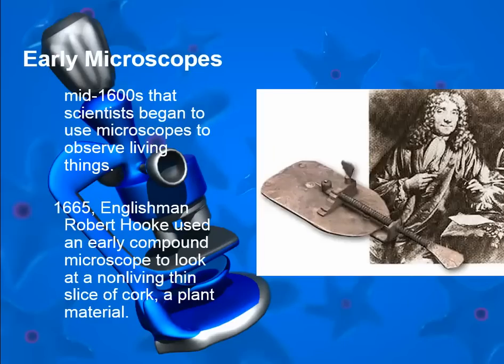So as far as the discovery of cells, there was the invention of the microscope. And Robert Hooke used an early compound microscope to look at living or non-living thin slices of cork, which is a plant material. So if you look where the arrow just popped up, that's where you put the organism. And here, the second arrow, that's what you look through.